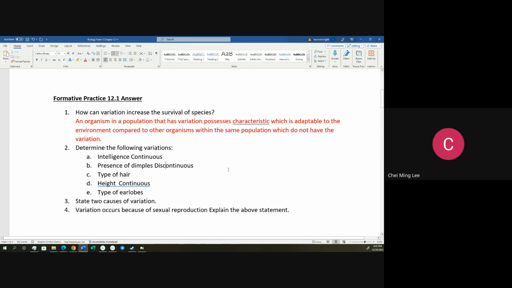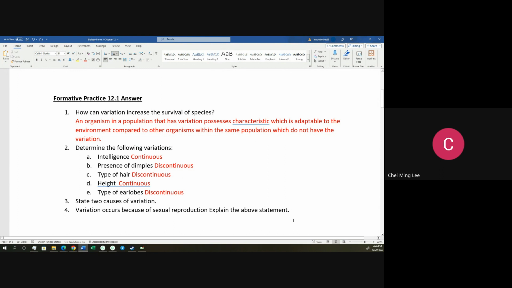This is discontinuous. So I think this one is discontinuous. This one is discontinuous. Okay, so all these are discontinuous. Okay, so this is the answer.